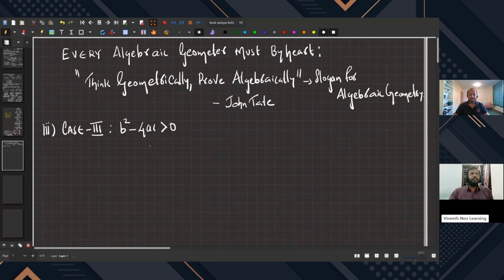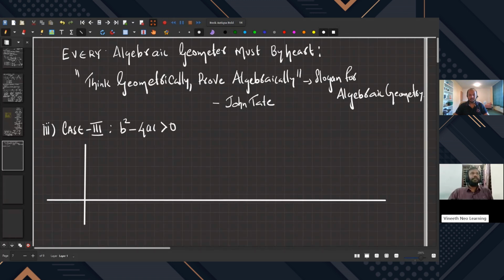Here, since b squared minus 4ac is greater than 0, the y delta xy curve will have three possibilities. It can be like this: since b squared minus 4ac is a positive number, it will curve upwards.